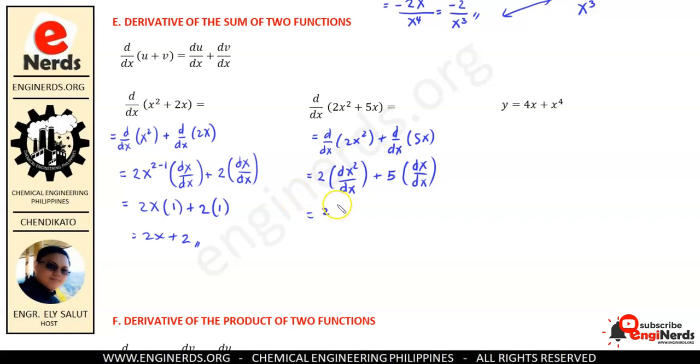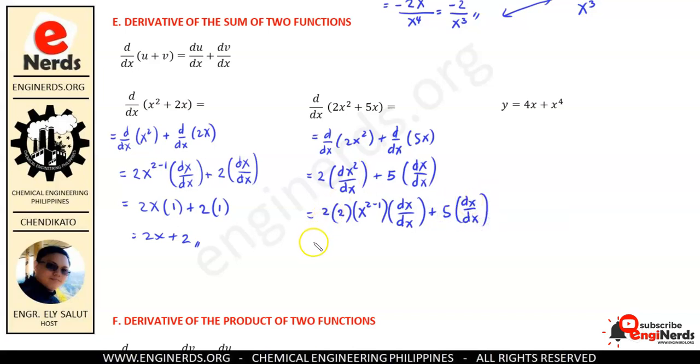So, here we have 2. What is the derivative of x squared? So, we will take down our exponent 2, then copy our base of exponent, and then subtract our exponent by 1, and then take the derivative of the base of the exponent, which is dx over dx, plus 5 dx over dx.